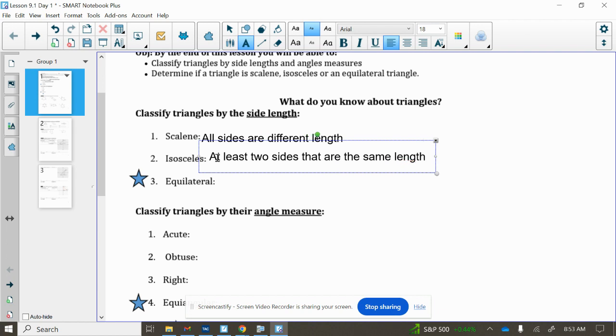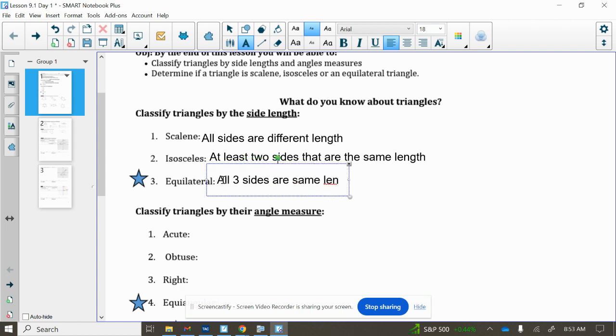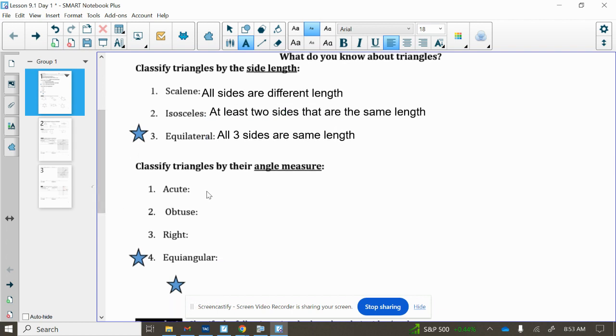We say at least two, but usually you will see this with just two, because oftentimes the better classification is when it has all three sides the same length. That's when we call it an equilateral triangle. Now, angle measure. We are classifying a triangle based on its angle measure. An acute triangle is a triangle where all angles are less than 90 degrees.